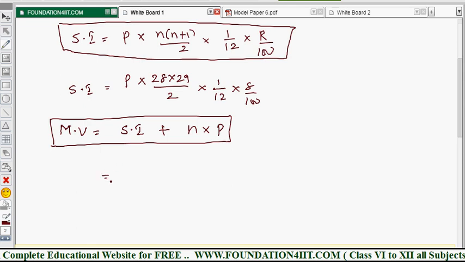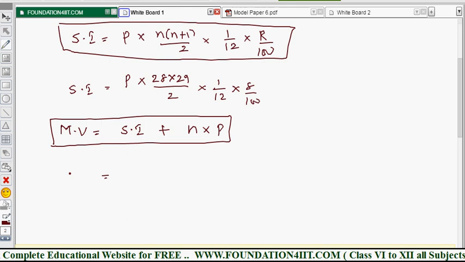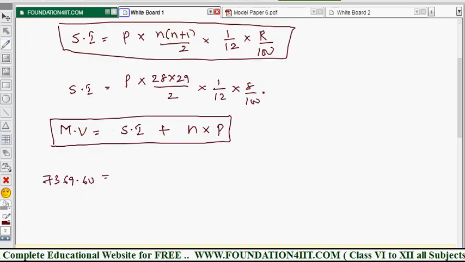And according to the problem, maturity value is given, 7369.60. This is given.